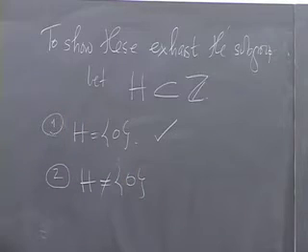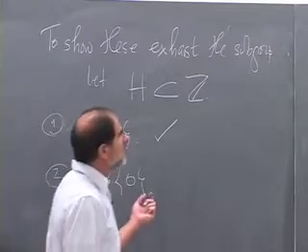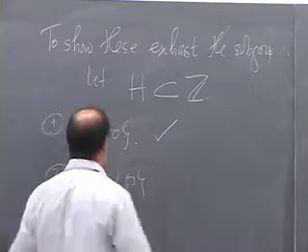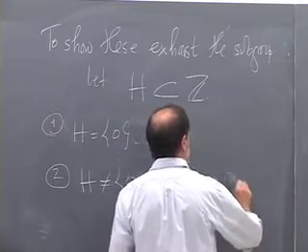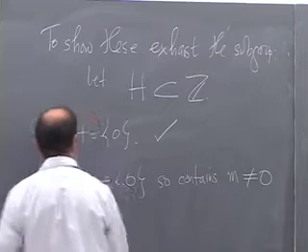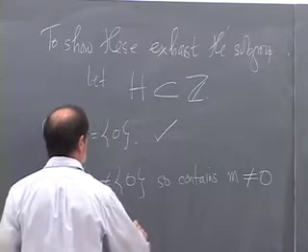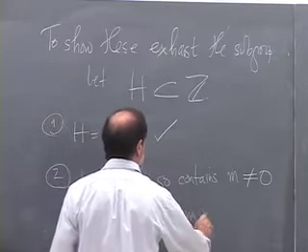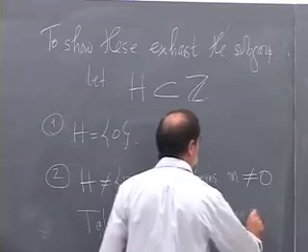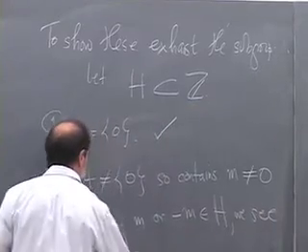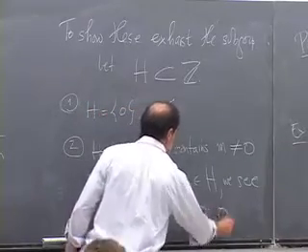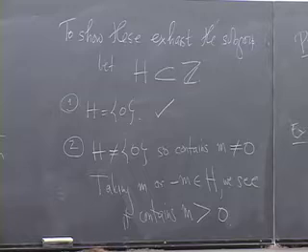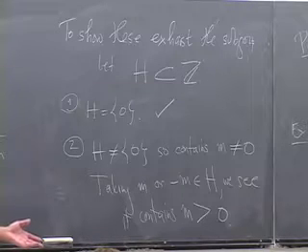So it contains something other than the identity in it. Now, by taking inverses, we see that it has to contain something positive in it. So it contains an m not equal to 0. Taking m or minus m in H, we see it contains some integer m which is strictly greater than 0, because it's closed under inverses.